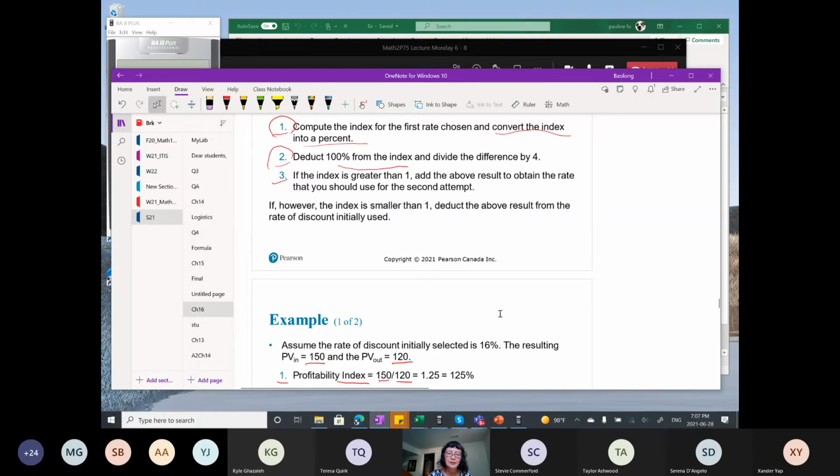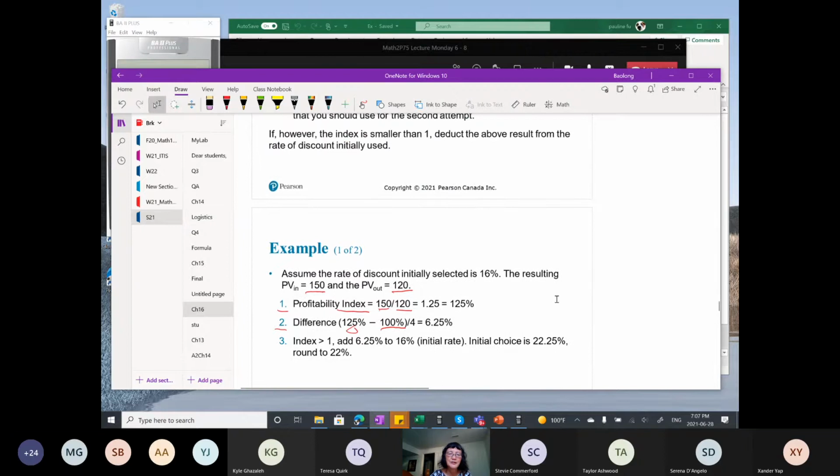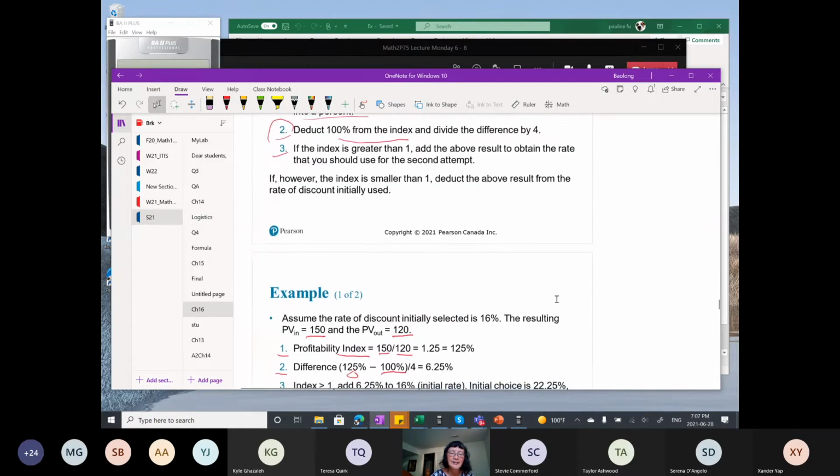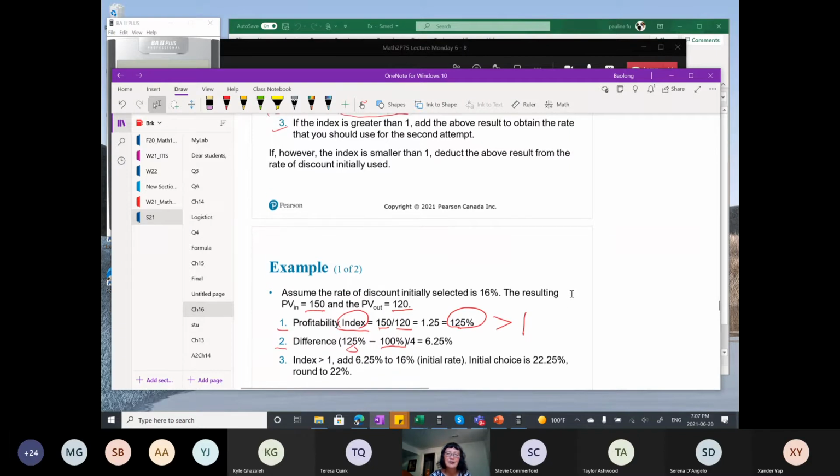So step 2, subtract 100 from the index. The result divided by 4. Once you get step 2, step 3: if the index is greater than 1, and this is my index, this index is greater than 1, add the step 2 result to obtain the rate that you should use for the second attempt.